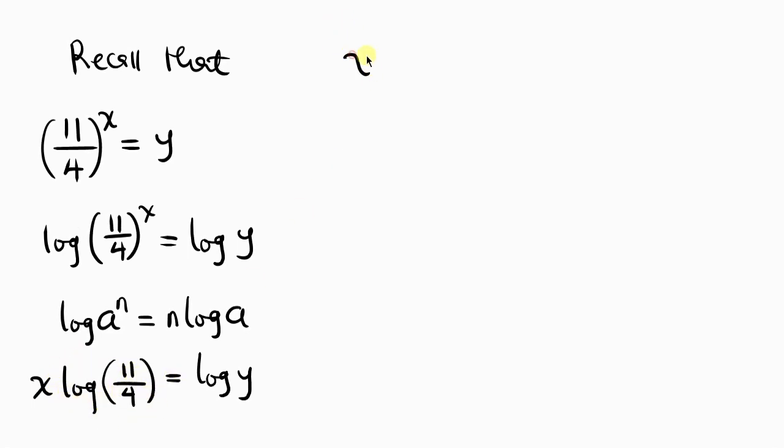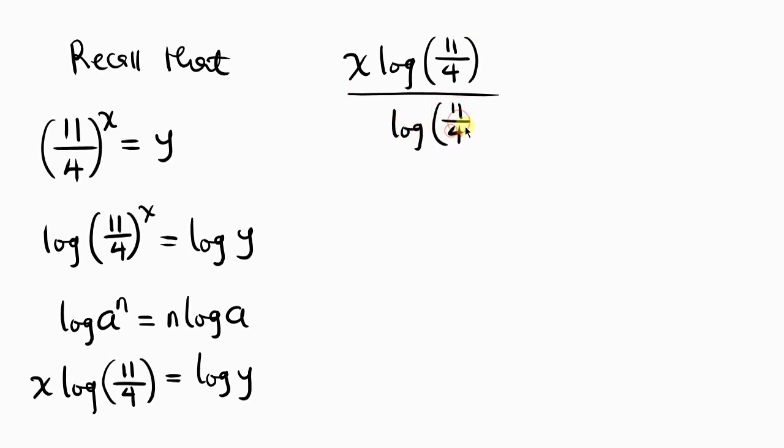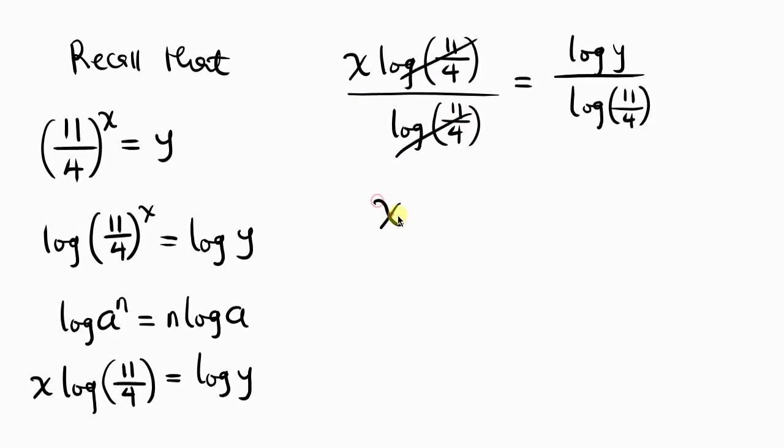So on the left, I have x log 11 over 4, I'll divide this by log 11 over 4. This is equal to, on the right, log y, and I'll divide this by log 11 over 4. Now notice that this can cancel off, leaving behind x equal to the log of y all over log 11 over 4.